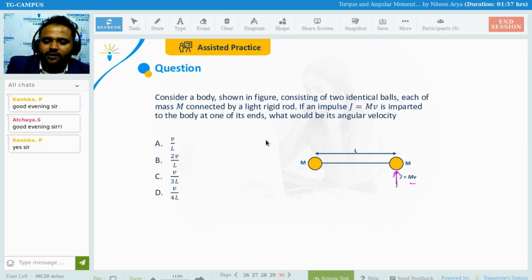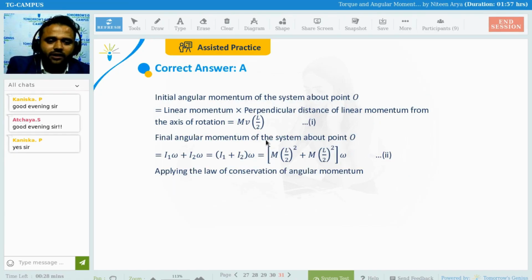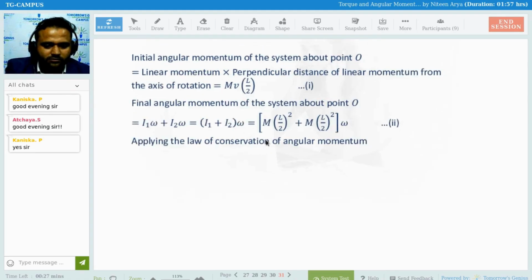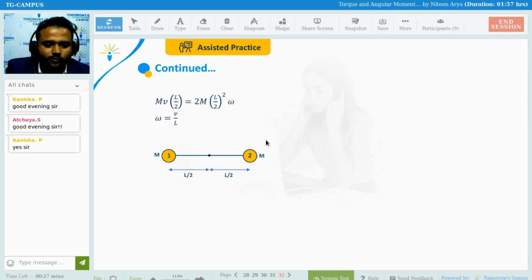Okay, I'll tell you. Initially the momentum is going to be L by 2. See, the initial angular momentum of the system about point O. What is point O? This is point O, because we have L by 2, L by 2.